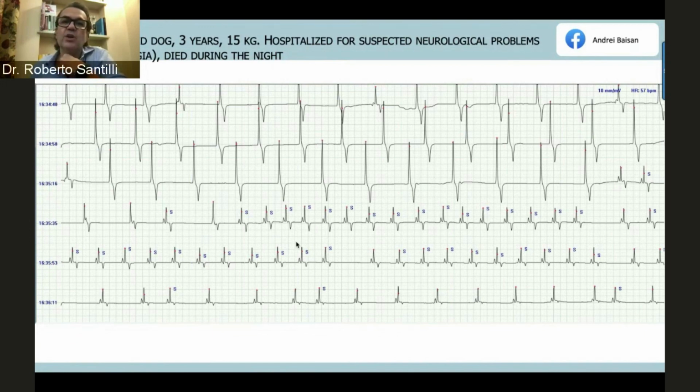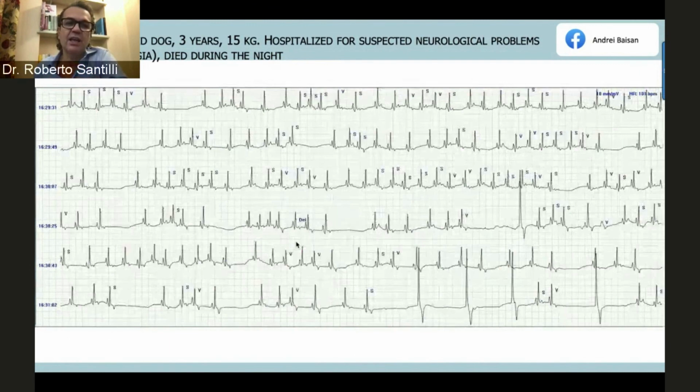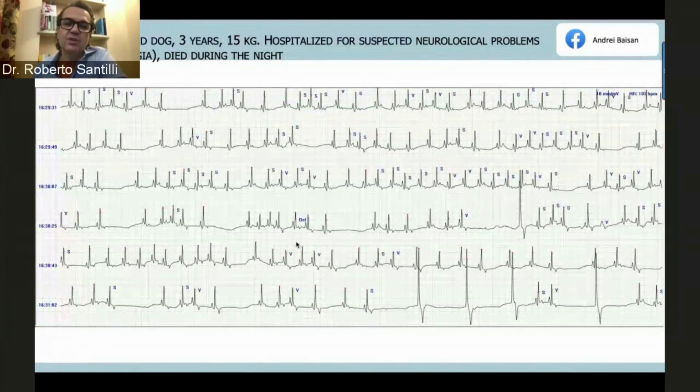Do you know if he had the cerebral fluid analysis in this dog? He's not answering. No, it's not. The behavior is more of a concomitant central disease, but obviously we cannot completely rule out any other option. What is weird is that it can look like sinus node dysfunction.